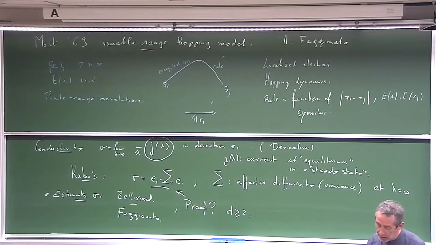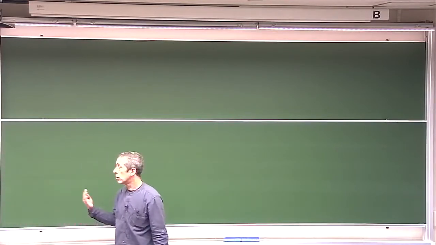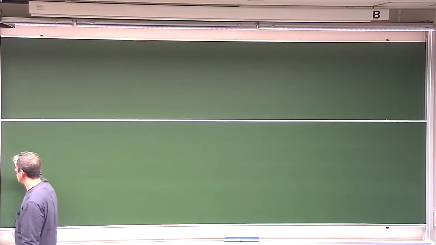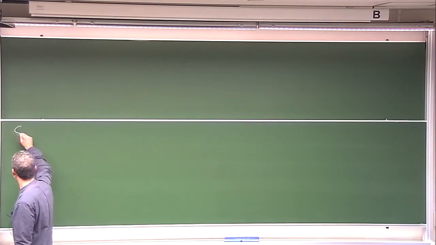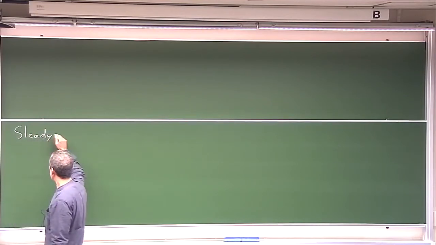But we should be a little bit more precise about what we mean by steady state or equilibrium. So, what is at equilibrium? Well, we actually know it from the first lecture. What is at equilibrium is the environment seen from the particle. So we take the point of view of the particle.